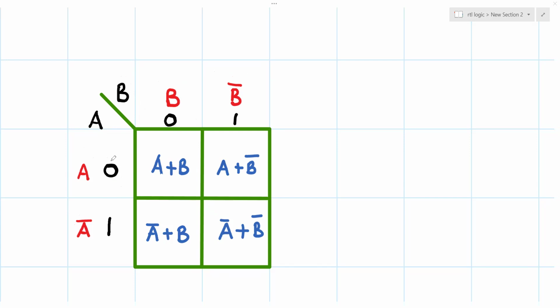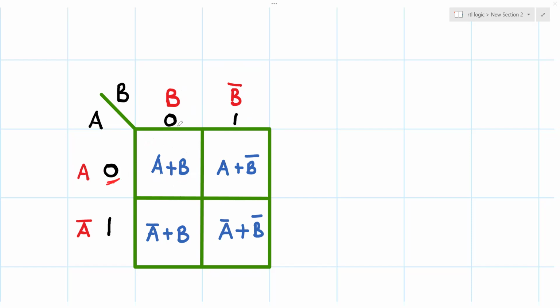However, in this graph, A is represented as 0 and its complementary form is represented by 1. Similarly, B is 0 and its complement is 1. In the cell itself, therefore, this particular cell right over here will be written as A or B.